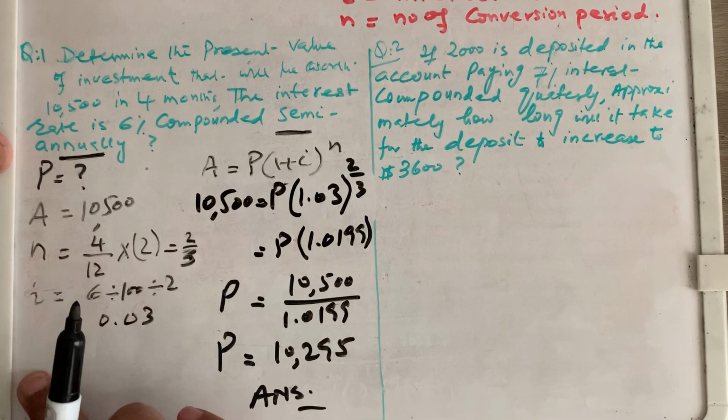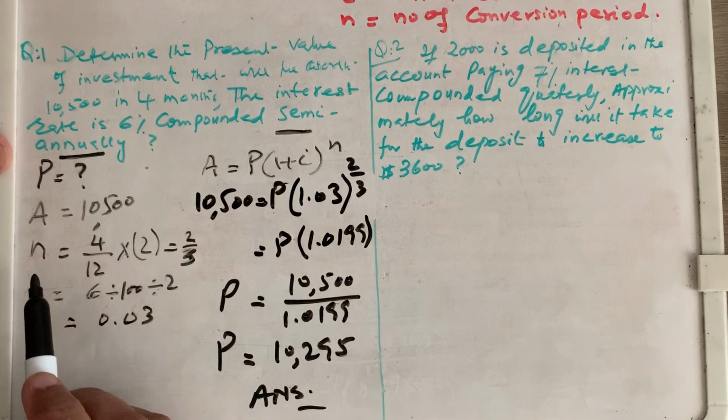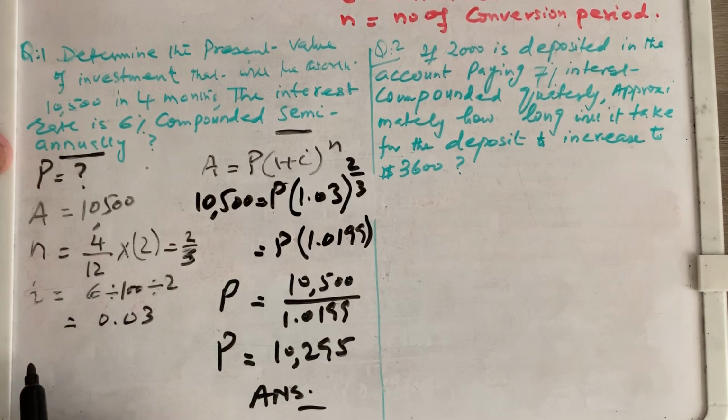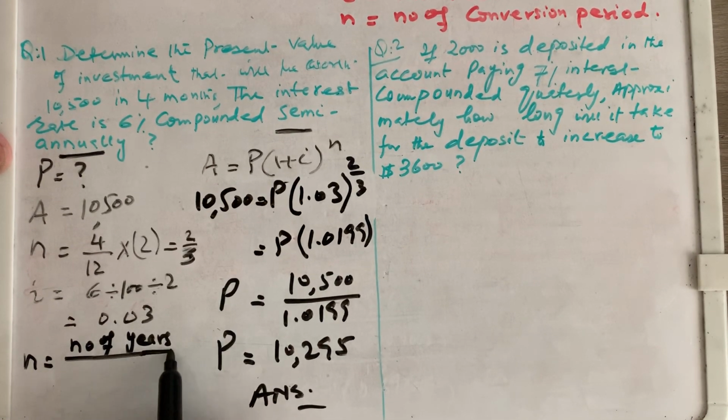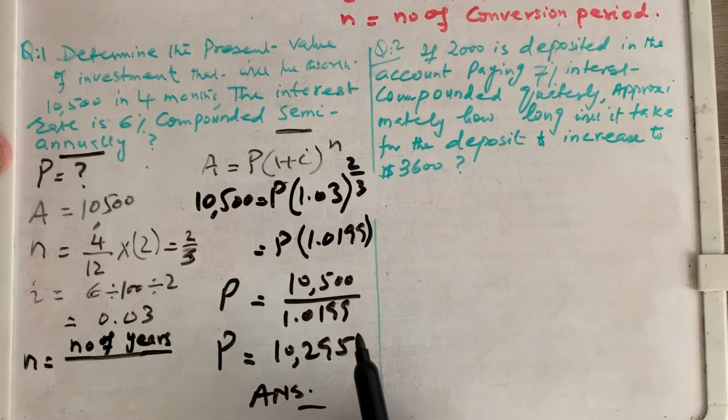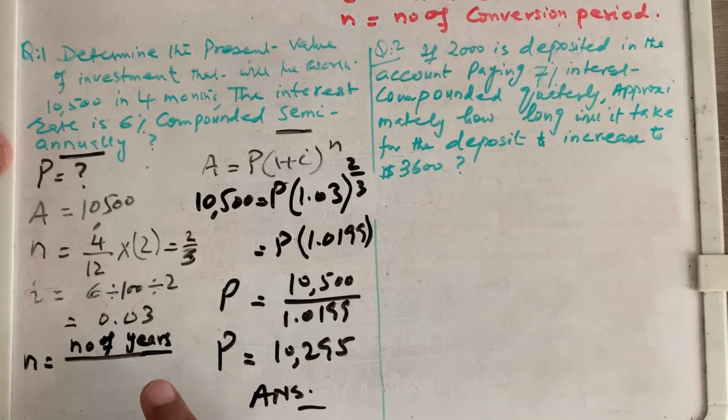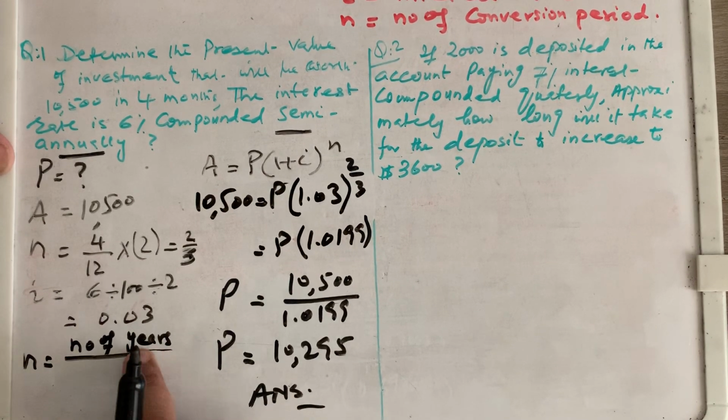And for n, it will be equal to the number of years. If it is in months, we have to convert it into the number of years, and then multiply by the frequency. n equals the number of years times the frequency.